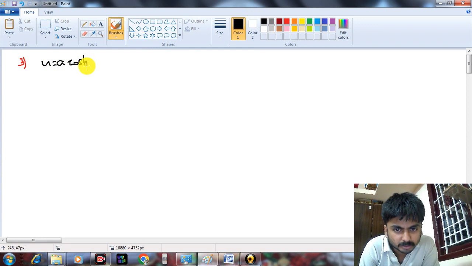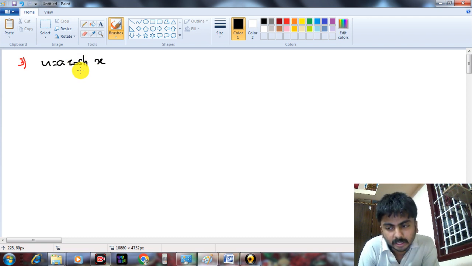Here x is the angle, and cosh itself is a single trigonometric ratio, similar to sine. So cosh is a hyperbolic function; similar to cos, we will have cosh.